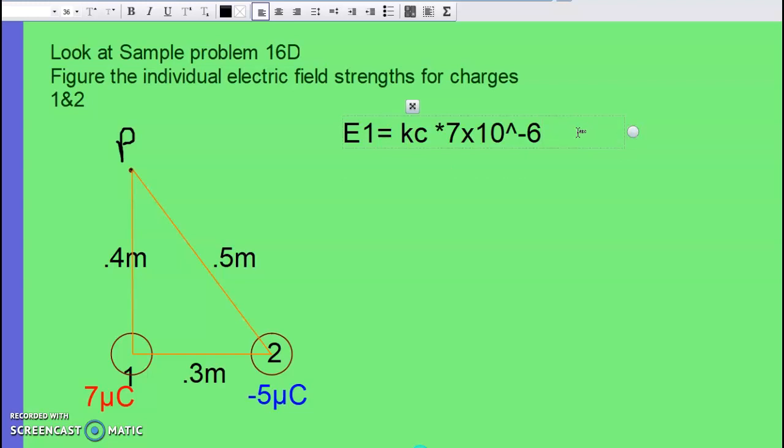And then we want to divide that by the distance squared. So for charge 1, our distance is 0.4 meters. So I'm going to throw a parenthesis in there, 0.4 meters, and we want to square that. Oh, I can do a superscript here. We want to square that little guy right there.